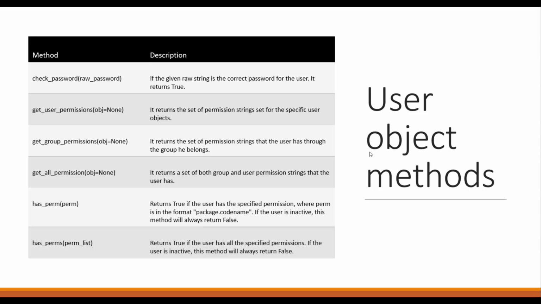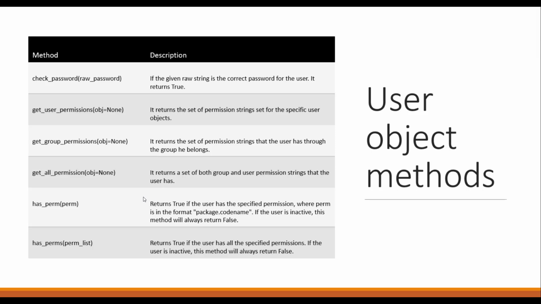The last one is has_perms, and in this we pass perm_list. It returns true if the user has all the specified permissions, and if the user is inactive, this method also returns false. So keep one thing noted, we have a difference between has_perm and has_perms methods.